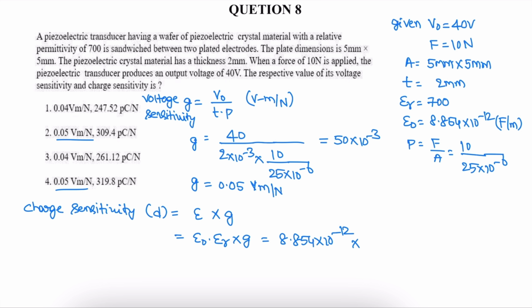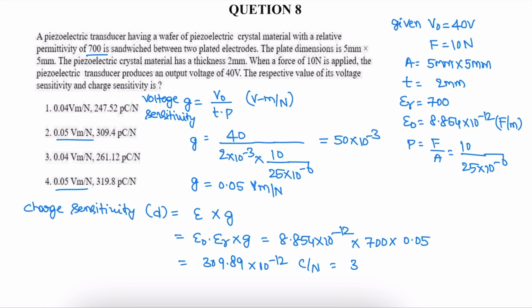Relative permittivity epsilon r is given as 700, and voltage sensitivity is 0.05. Upon calculation, its value is 309.89 pico, so its value is 10 power minus 12 coulomb per Newton.